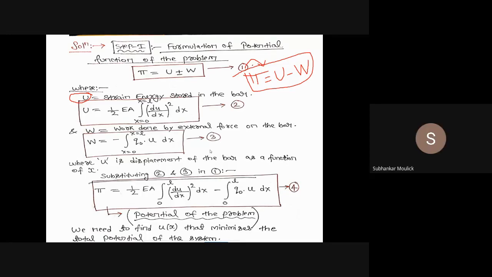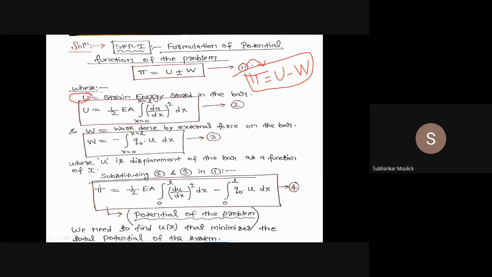Yes, sir. Okay, so since we have found out the expression of U as well as the expression of W, we can substitute the value of U and W from 2 and 3 in equation 1.